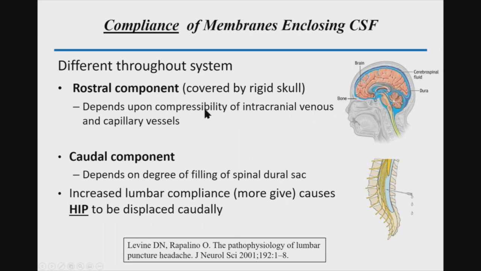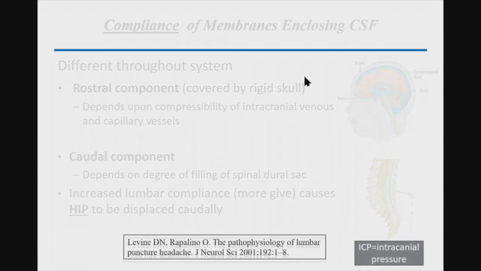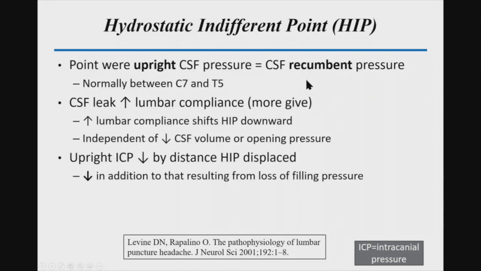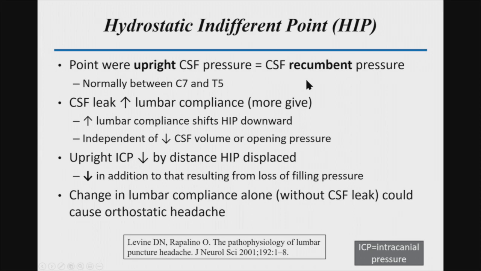What am I talking about? What is a hydrostatic indifferent point? It's the point where the upright spinal fluid pressure is equal to the pressure when the patient is lying down. Repeat. If you do a spinal tap and then sit them up, where are the two points the pressure are equal? The spinal fluid leak increases the lumbar compliance, you get more give.